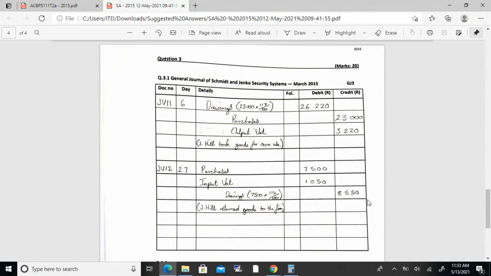Okay, so that was part 1 of question 3. Okay, we move on to the second part and the last bit of this paper. And here they say, show how the following transactions will affect the accounting equation, and enter how the accounts in the general ledger will be affected under the perpetual inventory system.